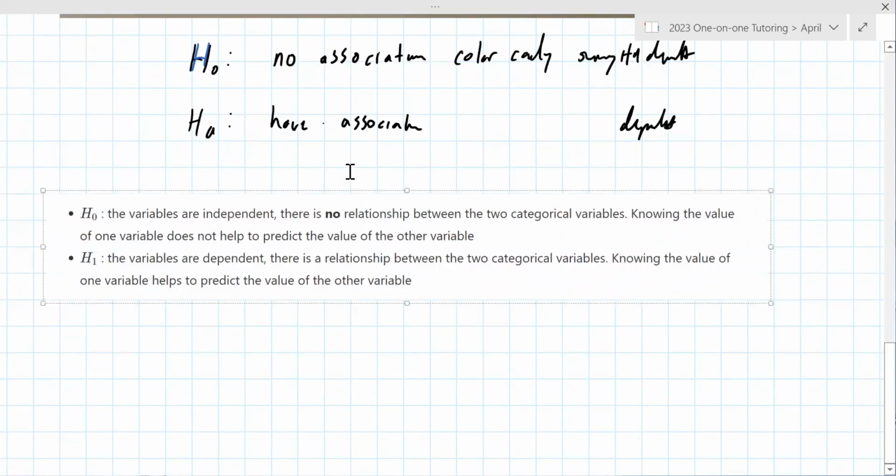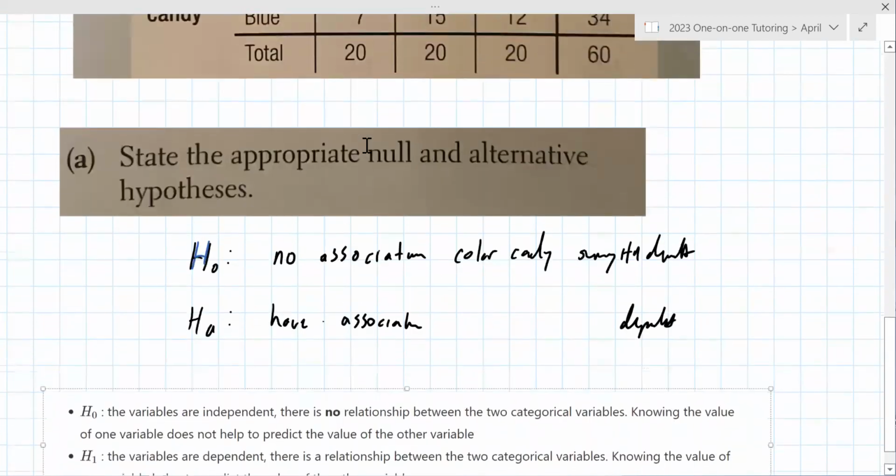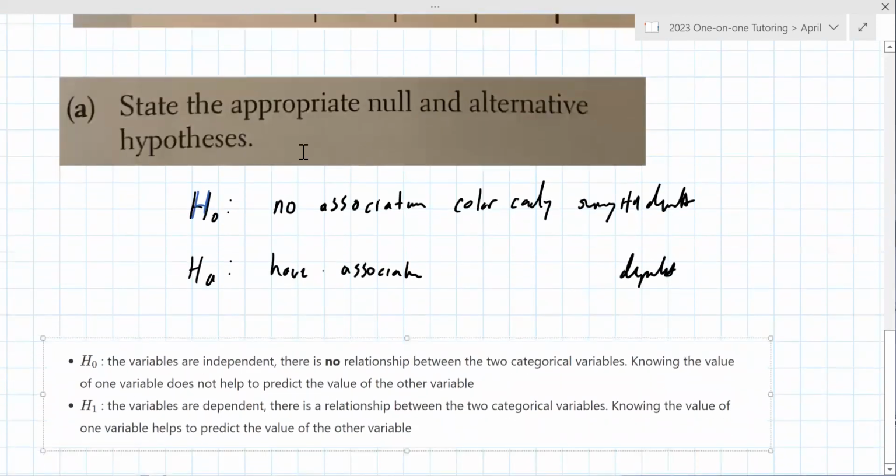So the chi-square can also be used for a distribution. In this case, it's saying the distribution is the same, like you think it's uniformly distributed, and the alternative is that it's not that distribution. I grabbed this thinking it referred to categorical variables, but you guys are using a distribution.